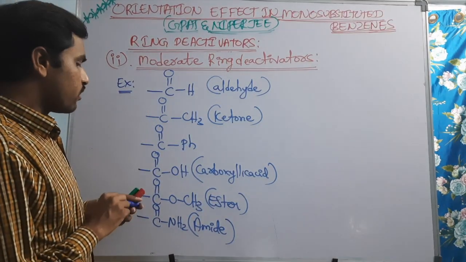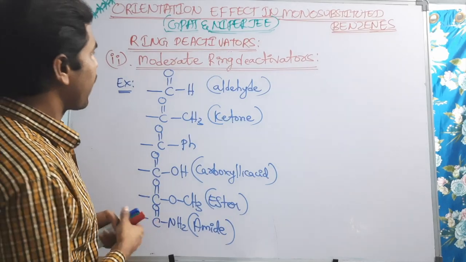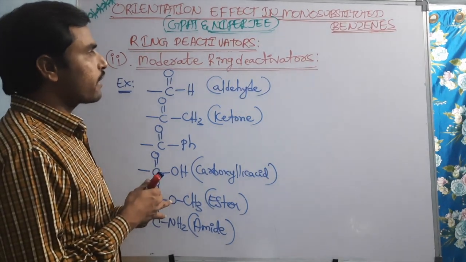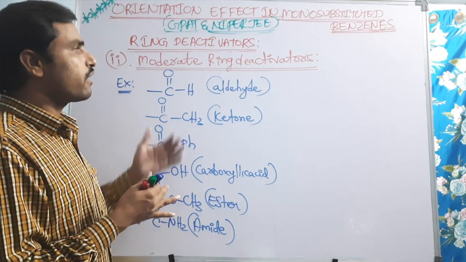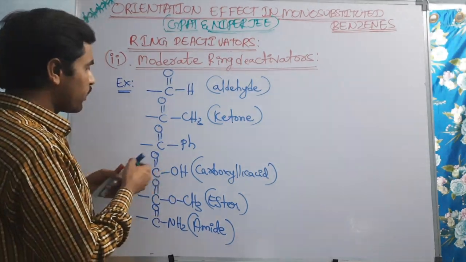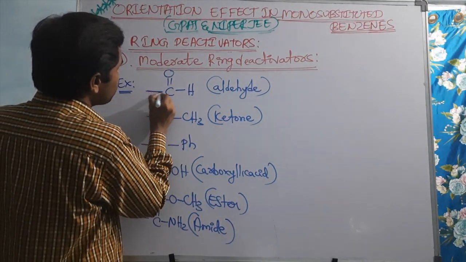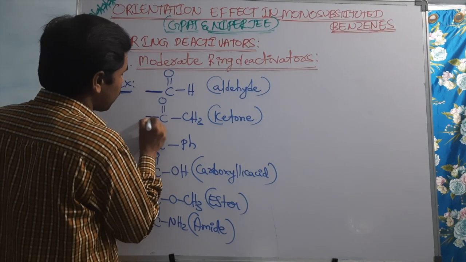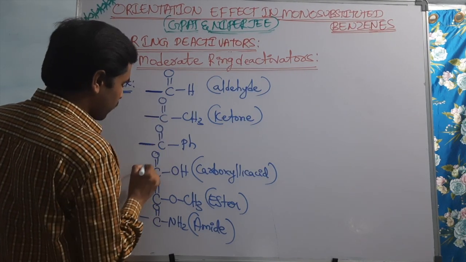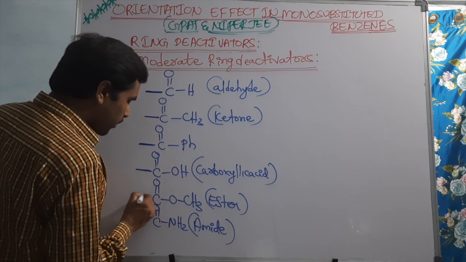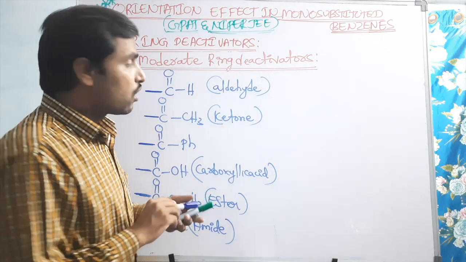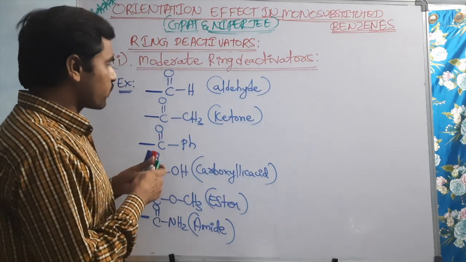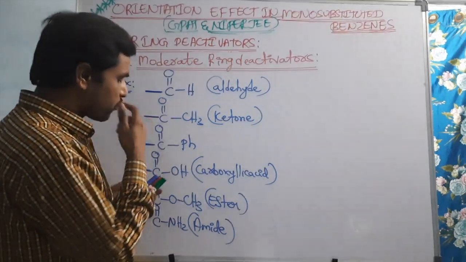All these compounds can act as moderate ring deactivators. How can we find that these are moderate ring deactivators? Here we can say this is the point of attachment. At this point only, these compounds are attached to the benzene ring.